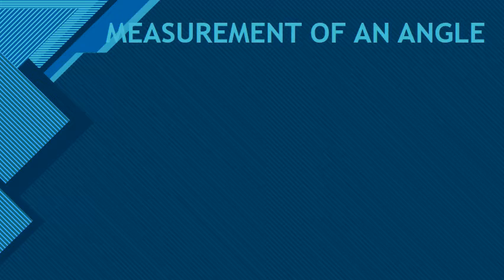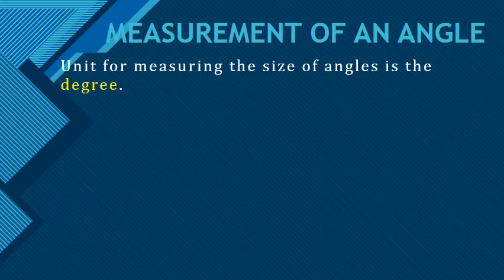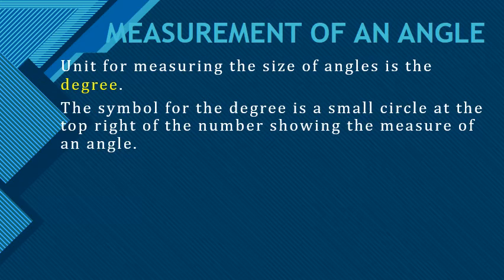Measurement of an angle. So children, the unit for measuring the size of angles is the degree. The symbol for the degree is a small circle at the top right of the number showing the measure of an angle.